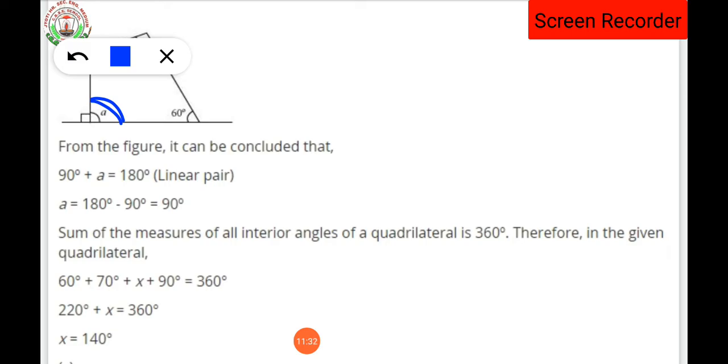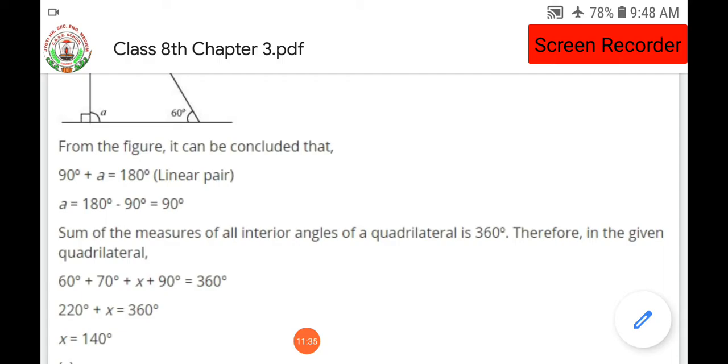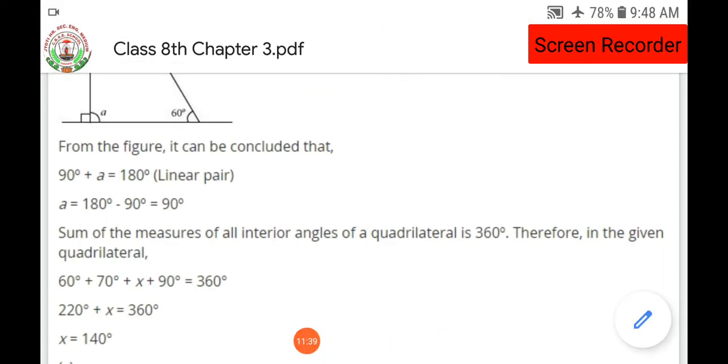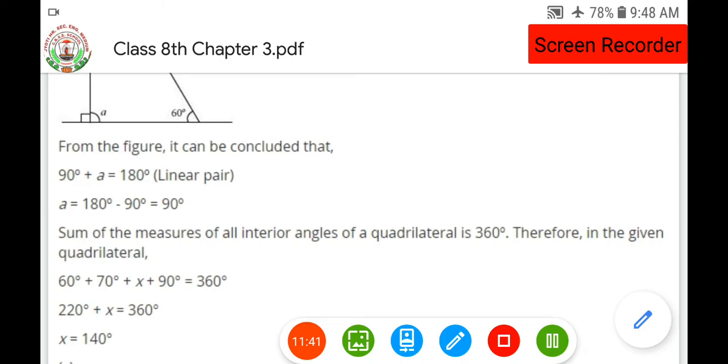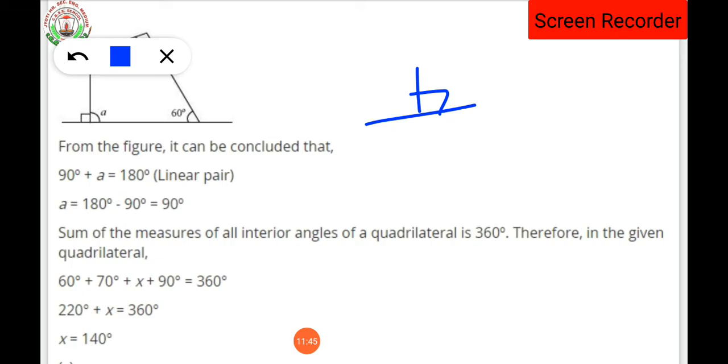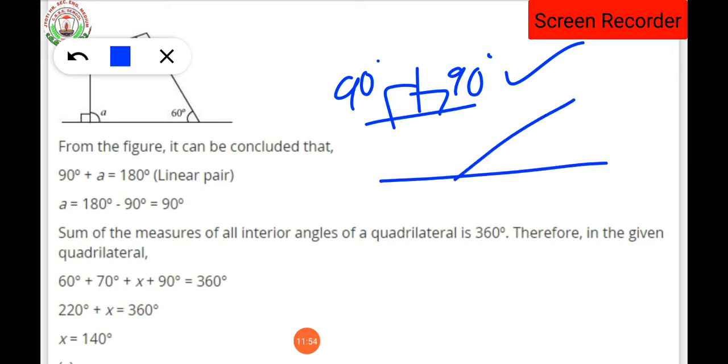As I told you about the perpendicular definition, if one of the angles is 90 degrees, the other angle will also be 90 degrees, isn't it? Either you can use this axiom, or another axiom about the transversal, that this angle plus this angle is equal to 180 degrees. So here in this solution, the linear pair axiom property is asked.